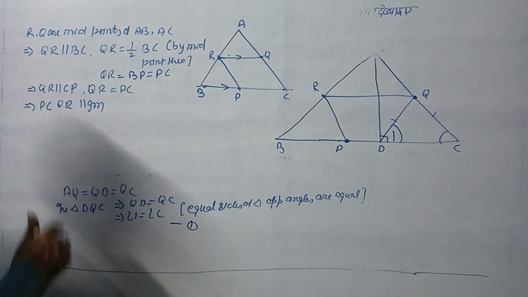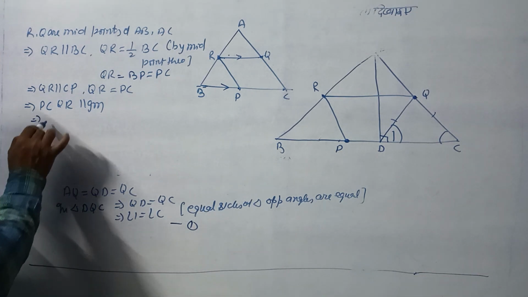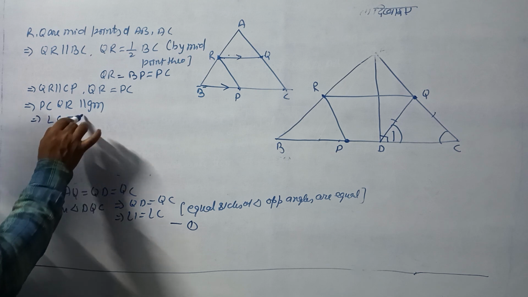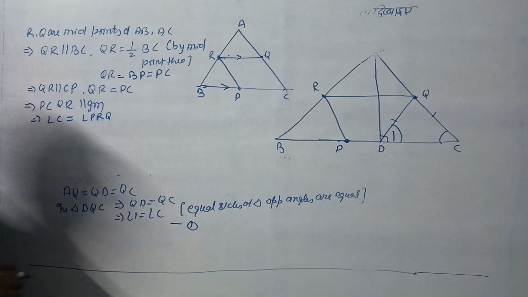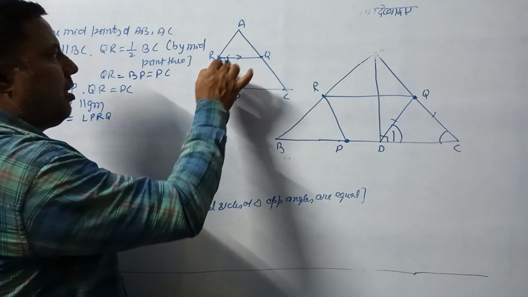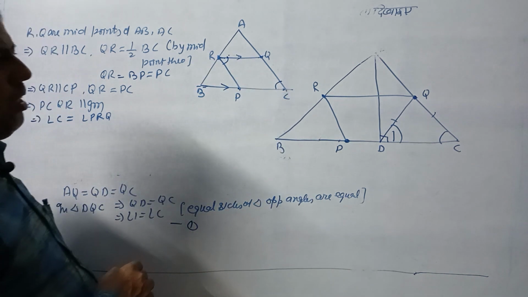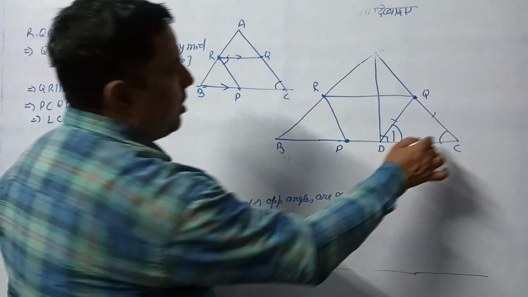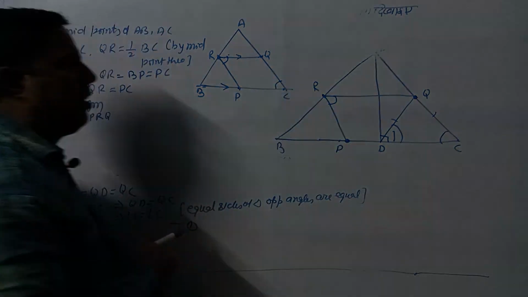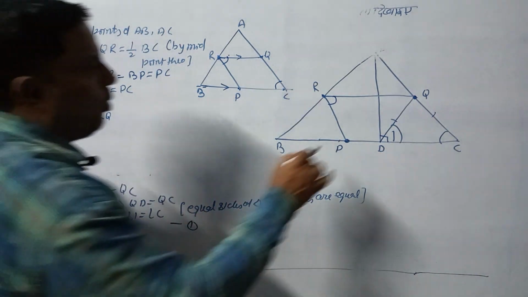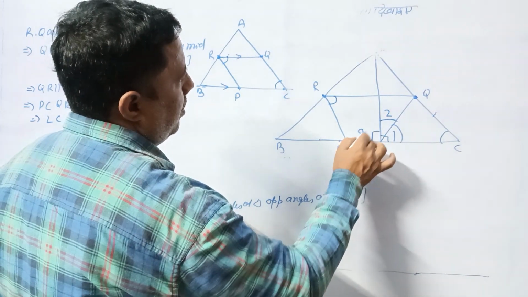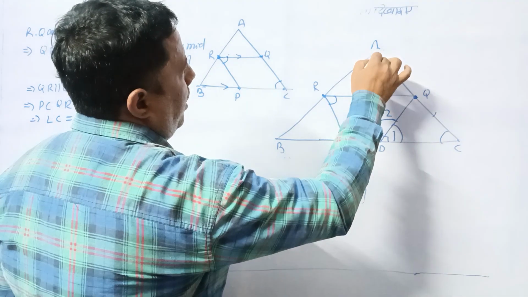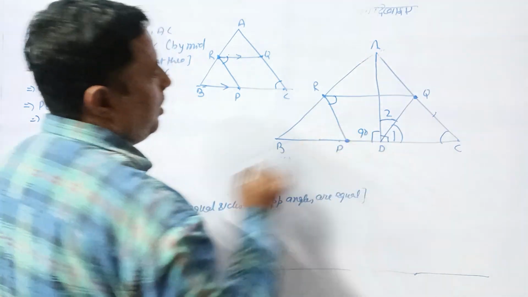Okay, then in a parallelogram we also observe that opposite angles are equal. So we can say C equal to this angle. Suppose that is 2, that is 90. Why? AD perpendicular, 90.